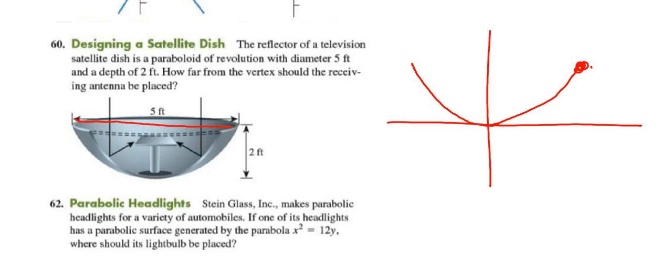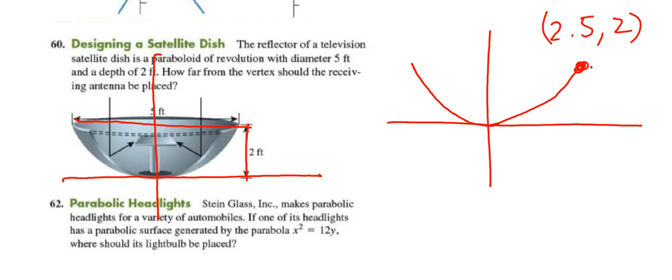If the whole thing is 5 across and 2 feet deep, can you tell me what that coordinate is? 2.5 comma 2. Right? Because you went 2.5 feet to the right and 2 feet up. Just imagine that you're setting this on the axis. If you've got 5 feet across, this has to be at 2.5 comma 2.